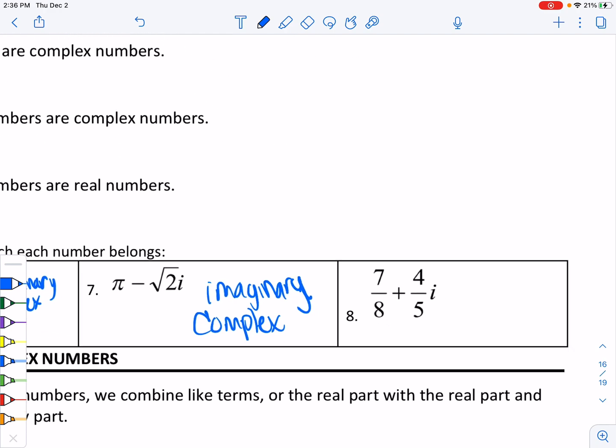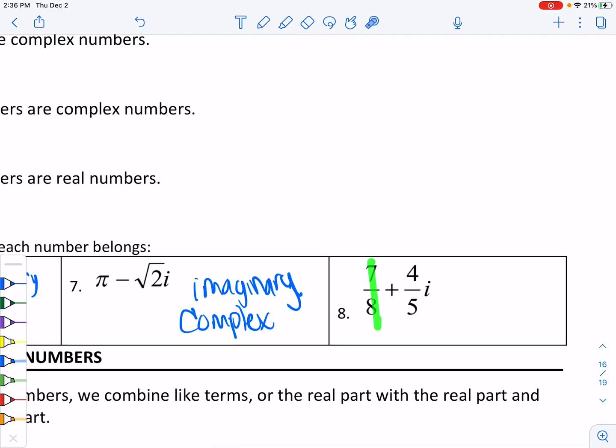Here we've got a fraction and then a fraction times i. Because we have the i, we know that this is a complex and imaginary number. So that is how our imaginary numbers fit into where we've looked at our numbers before in our numbering system.